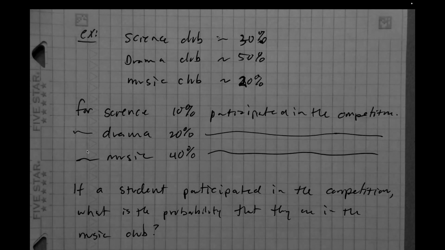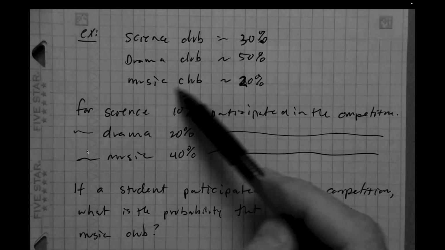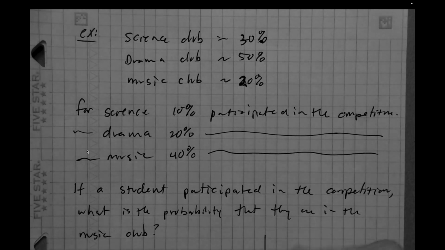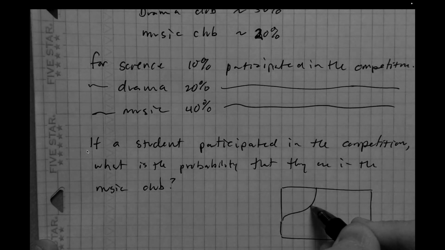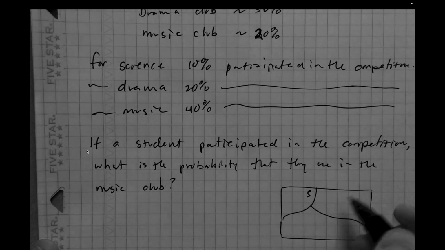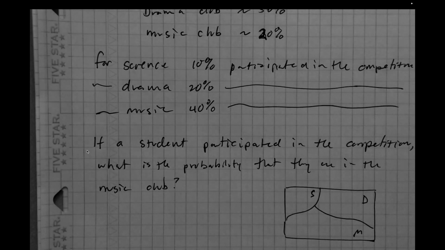All right. And I think the idea is that every student is in one of these. So it forms a partition of the student body, right? So you've got all of your students, and you've got science, drama, and music. So maybe this is science, this is drama, and this is music. So everybody's in one of them, and only one of them. It's a partition.